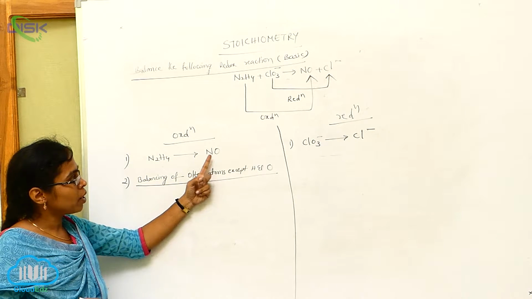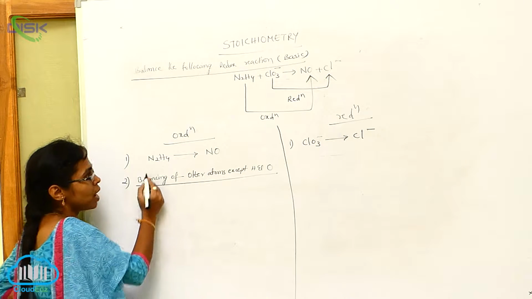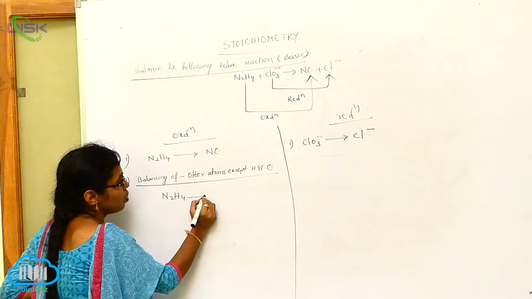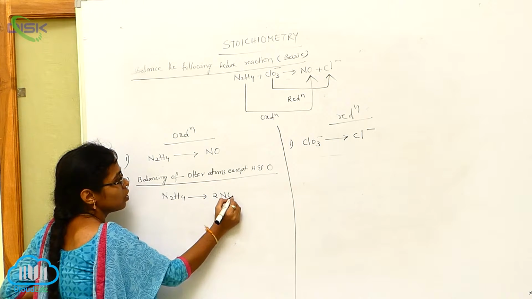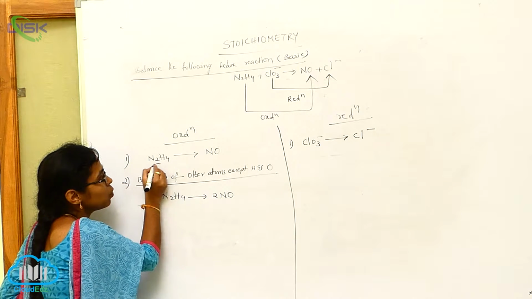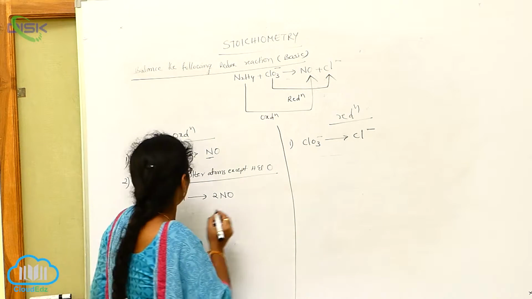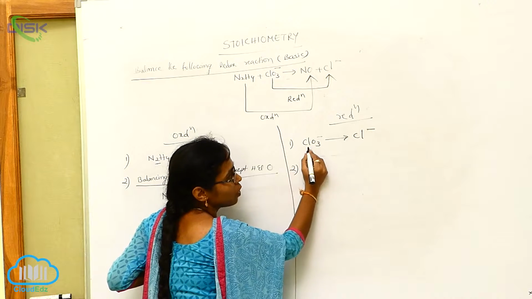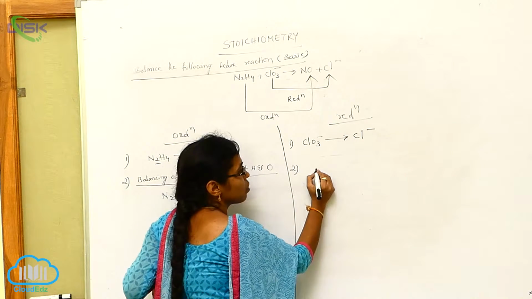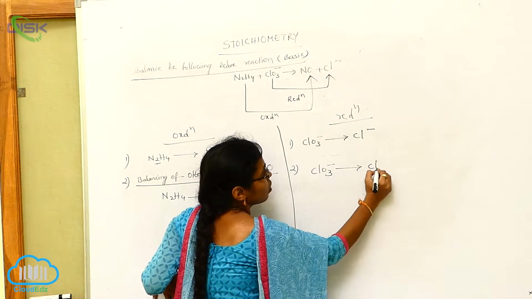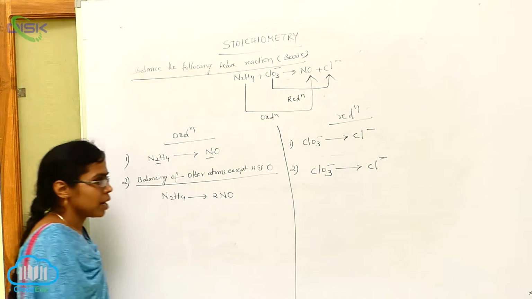Here how many nitrogen atoms? 1. So that's why you have to balance: N2H4 gives rise to NO. Here 2, so here only 1, so that's why I am putting here the 2. Next, in this one, here also one chlorine atom, here also one chlorine atom. So directly you can write ClO3 minus gives Cl minus.